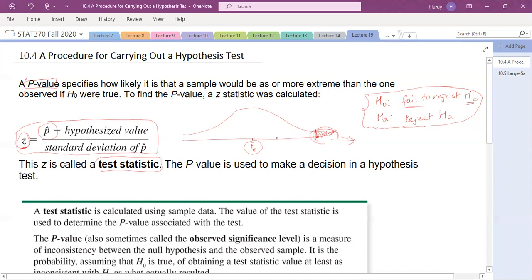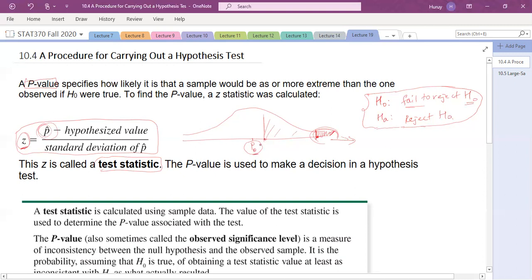But if the Z value or this test statistic is closer to the center, then the area to the right is big enough. Therefore, that means this Z is not far from p sub 0, or the sample proportion p hat is not far from p sub 0.